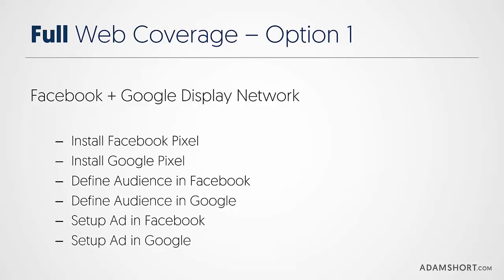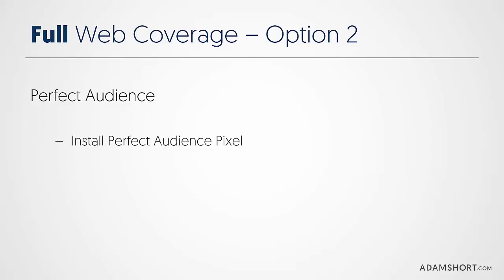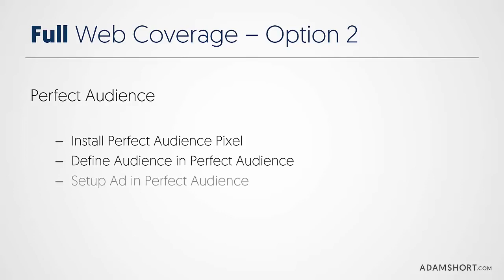So you're doing the same thing essentially in your Facebook account, and you're repeating that with your Google Display Network account. Full web coverage option number 2 is just to use Perfect Audience. In this case, you would install the Perfect Audience pixel and define your audience in Perfect Audience and then set up your ad in Perfect Audience. So again, it's a way to consolidate everything under one roof.